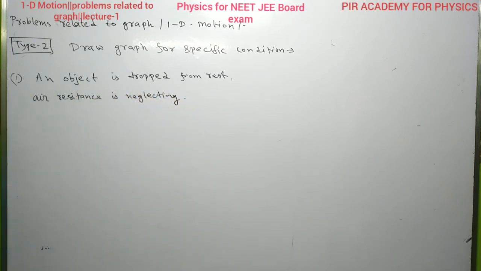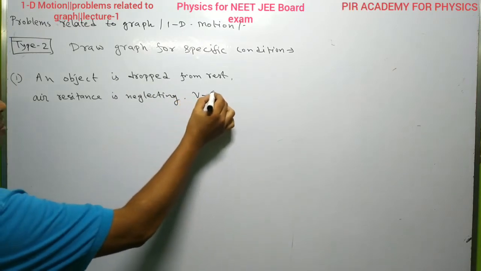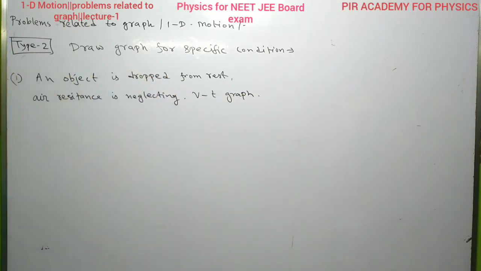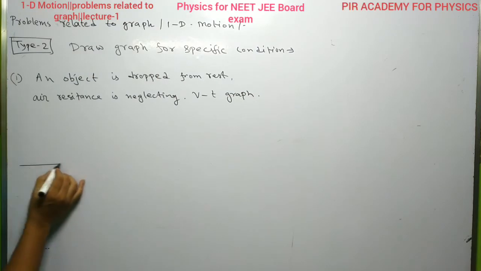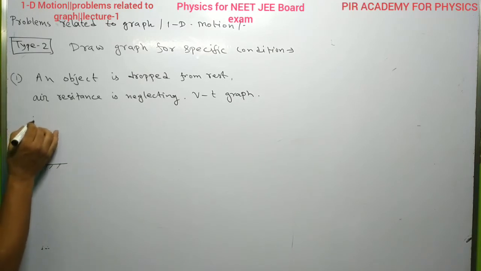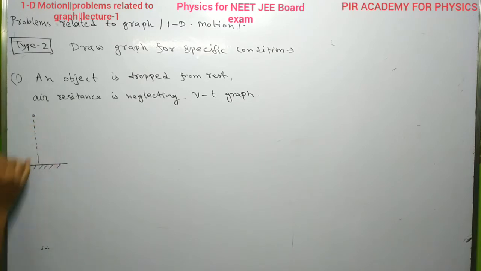So you have to find out the VT graph, V versus T graph. If an object is dropped from rest, this is the ground, and suppose a particle is here at height s.